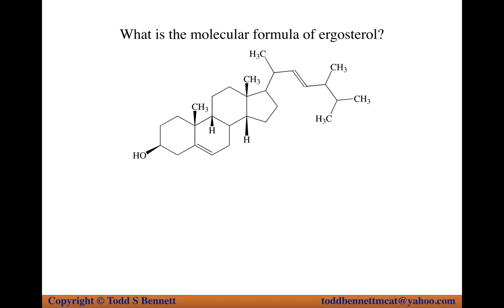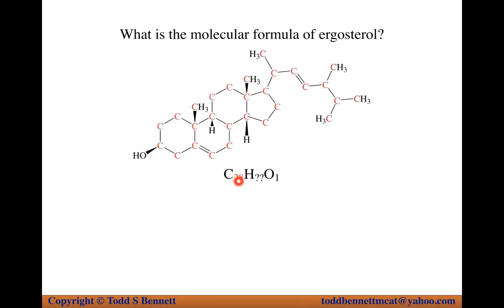Okay, so bio aside, I want to figure out what the formula is. So I have 6 unique carbons here, plus 7, 8, 9, 10, 11, 12, 13, 14, 15, 16, 17, 18, 19, 20, 21, 22, 23, 24, 25, 26, 27, 28. So 28 carbons. I'll let you count the oxygens on your own. 1, perfect. And now I need to figure out how many H's.